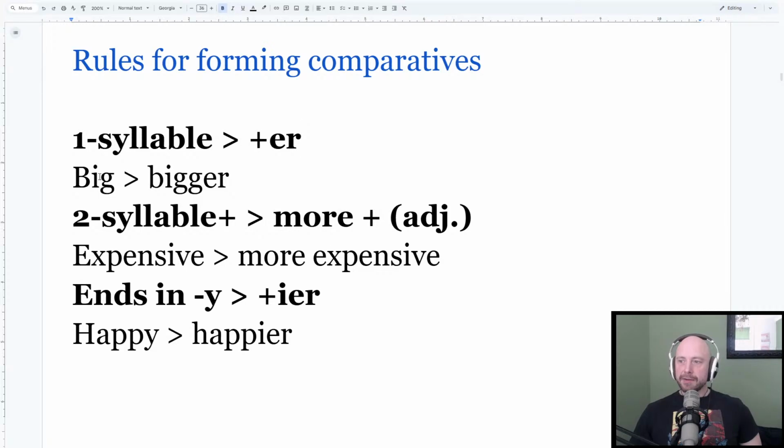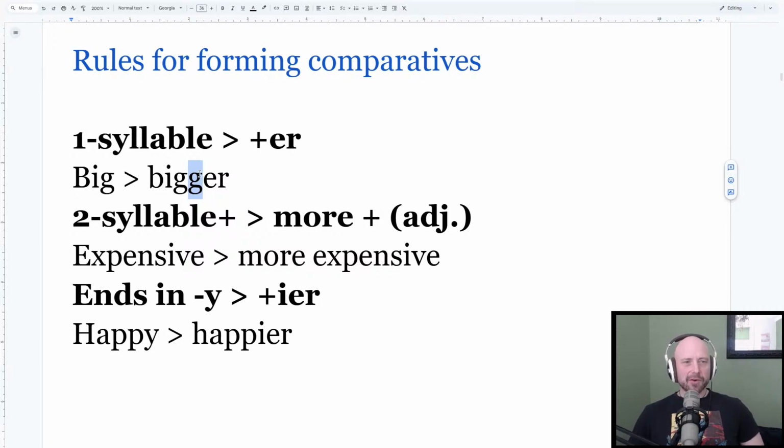We have one syllable, which is big and that goes to bigger. If you're interested, by the way, in the spelling rules here, it's to do with the form consonant, vowel, consonant. So if you end a word in vowel, consonant, and you add a suffix to that, then normally we double the final consonant.